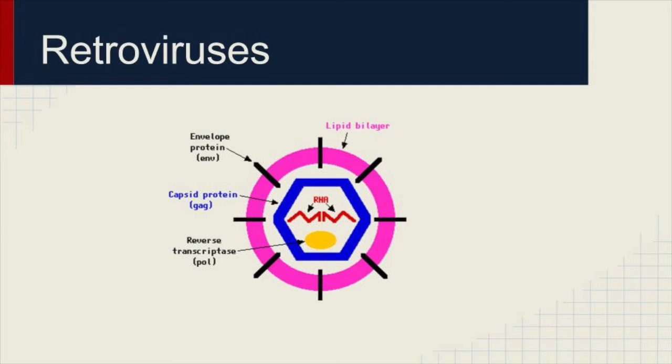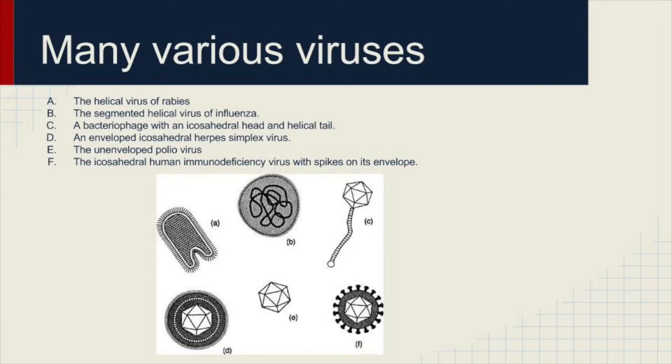Now this is also another extra. This is not an important part, but it's just to give you a feel that all viruses don't just look like the ones that I presented to you right now. Now, as you can see, A is the helical virus of rabies, B the segmented helical virus of influenza. As you can see in there, you can see the DNA strand inside of the capsid.